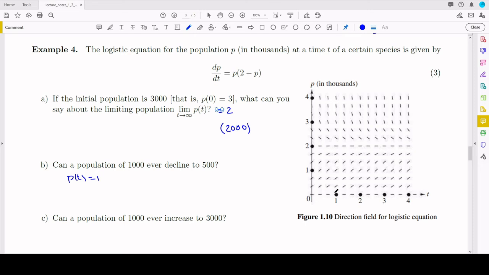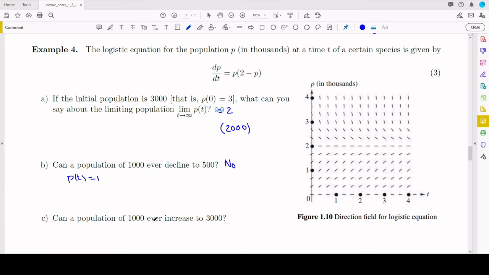If we start at time t is 1, we would start over here, and we slowly increase, and then go to P equals 2 again. So we wouldn't be able to go down towards 500 or 0.5 because the direction markers don't allow us to. So the short answer is no.